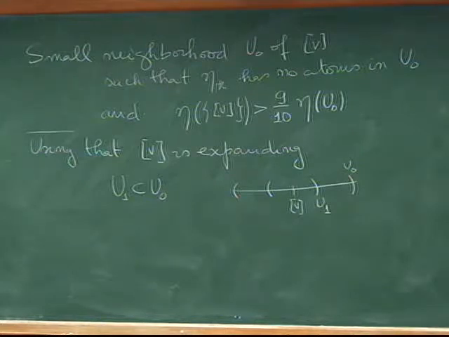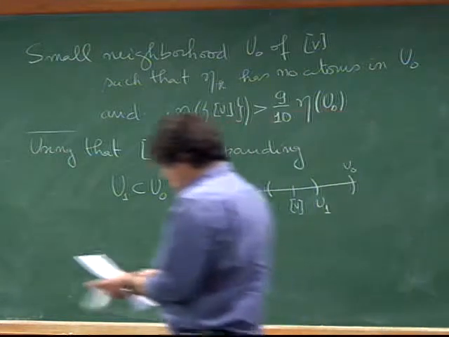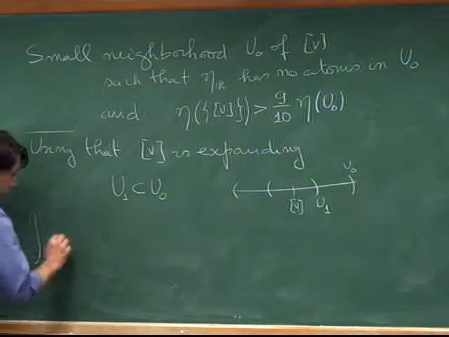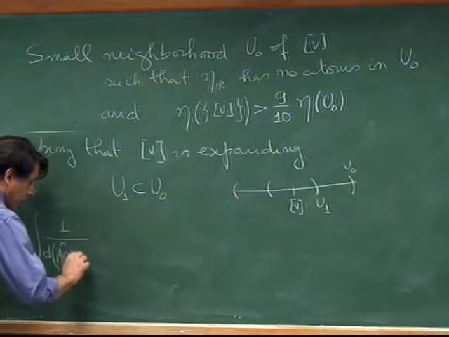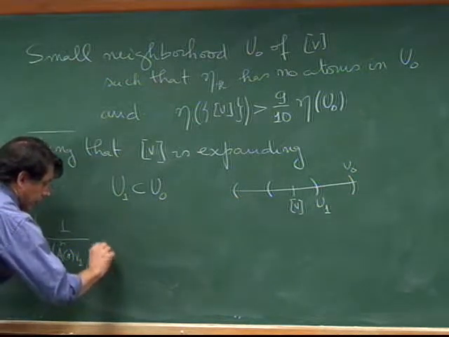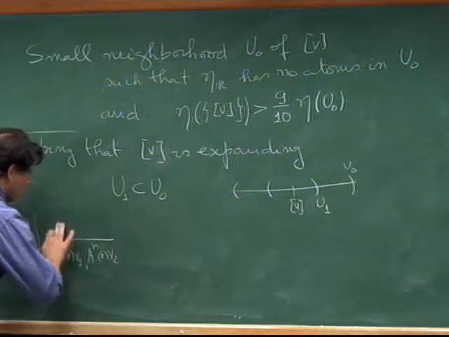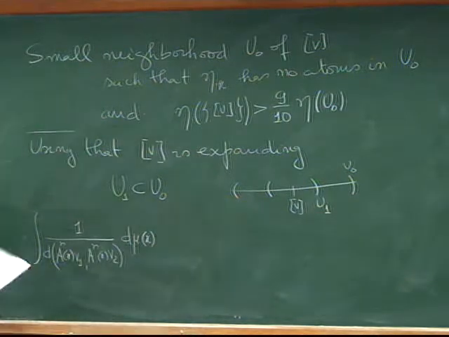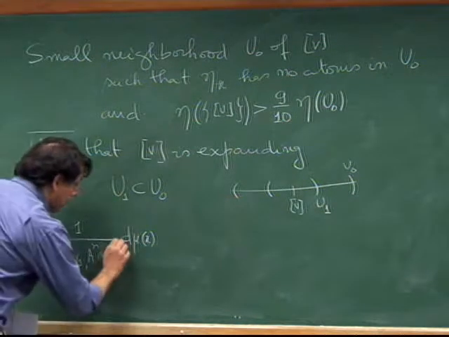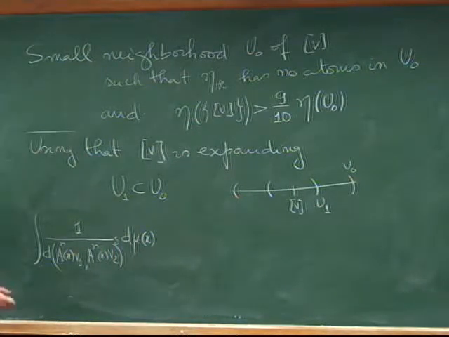This is expressed by the fact that the integral of 1 over distance a n x v1 a n x v2, integral averaged over x, to a power delta. So in this neighborhood, V is expanding.